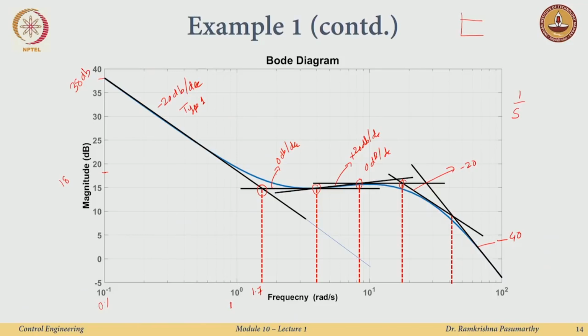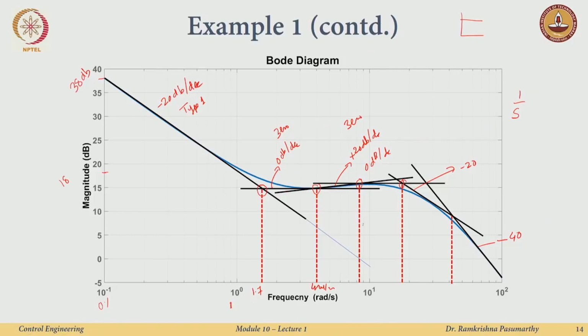Okay. Now next I go further. I start at minus 20, and I encounter a quantity which increases the slope by plus 20, so there is a zero here. Similarly at this frequency, which is about 4 radians per second, I can just measure it through these lines here, I encounter another zero, because the slope increases from 0 to 20.